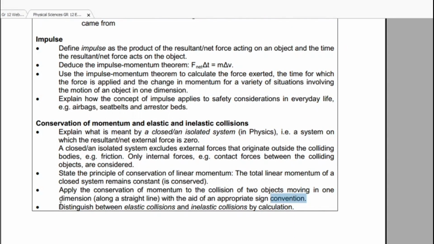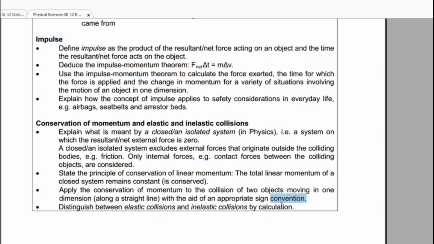Okay, so you must distinguish between elastic collisions and inelastic collisions by calculation. An elastic collision is where the total kinetic energy of a system is conserved during the collision, but not conserved during an inelastic collision.